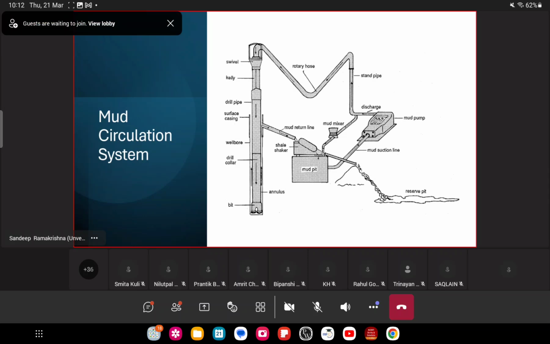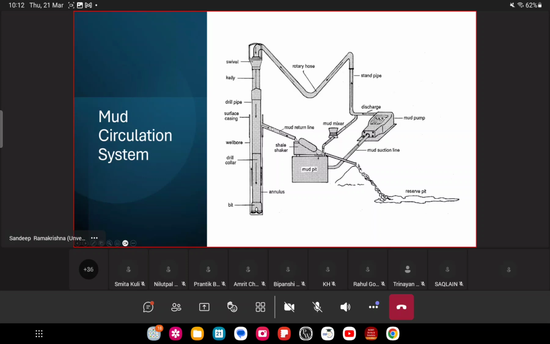The drill cuttings and the mud are carried back. It goes back to the mud return line. And from the mud return line, you go into the possum belly and the shale shaker. These are equipment on the surface, on the rig floor if you're offshore or on land, wherever you are. I'm sure some of you have visited and seen these in action.